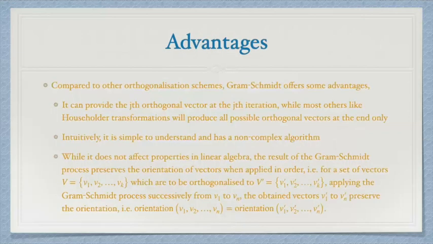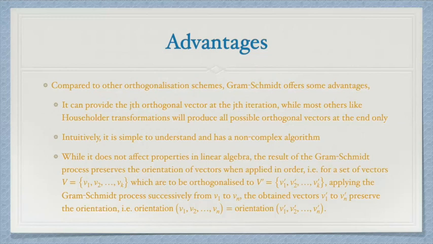Further, it also has an interesting property, which does not affect its properties in linear algebra. However, it is of much interest in geometry and other applications. This is basically the concept of orientation. Orientation refers to a specific notion of how the vectors are given precedence in the vector space.